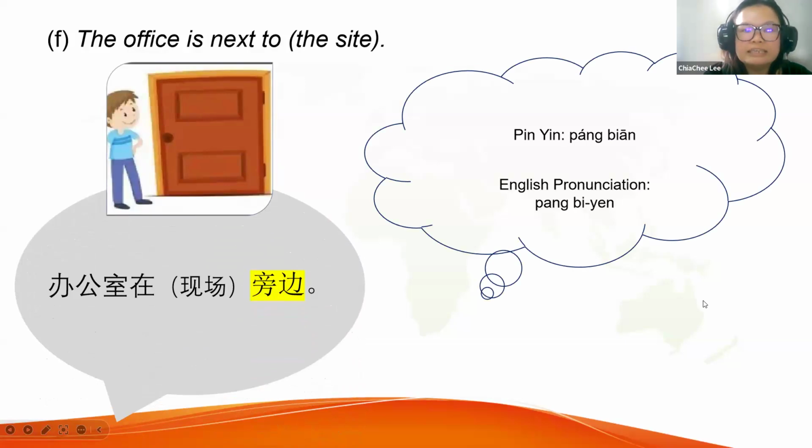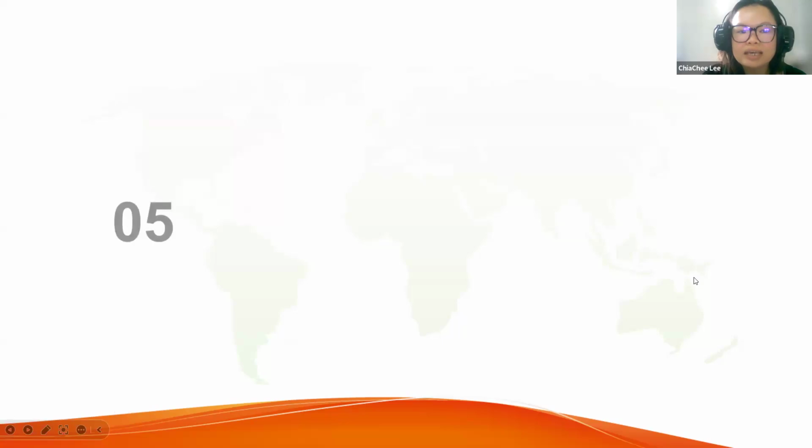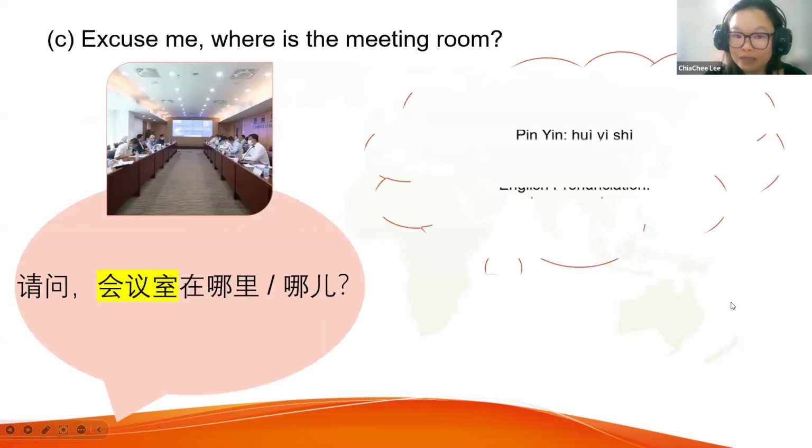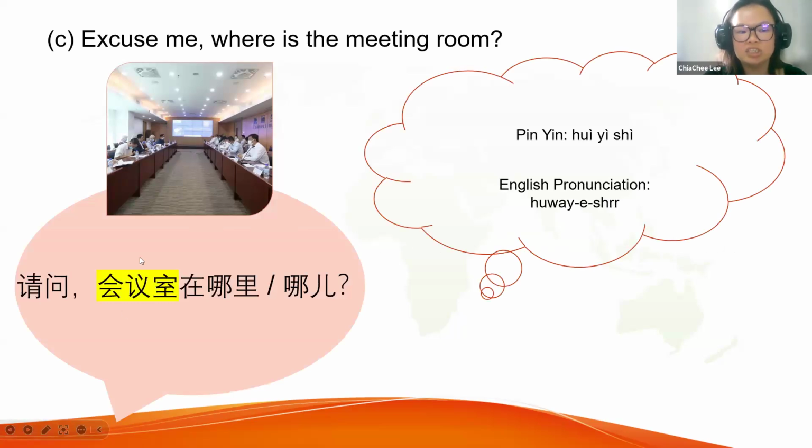This is for our easy reference: when people are checking on a subject, we answer according to this subject. You will be very familiar when I say, excuse me, where is the meeting room? Now we want to know about the meeting room, 会议室. 请问会议室在哪里?